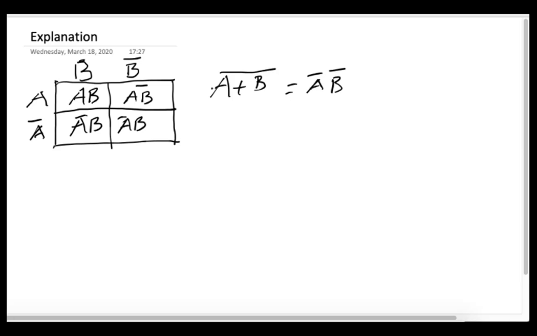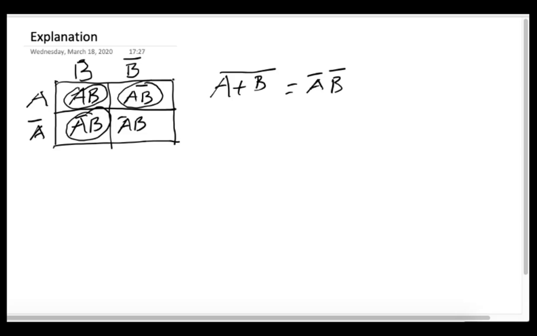Okay, so what is the left-hand side? The left-hand side is the complement of A plus B. This set is in A, and this set is in B. So A plus B is the combination of all the three cells.